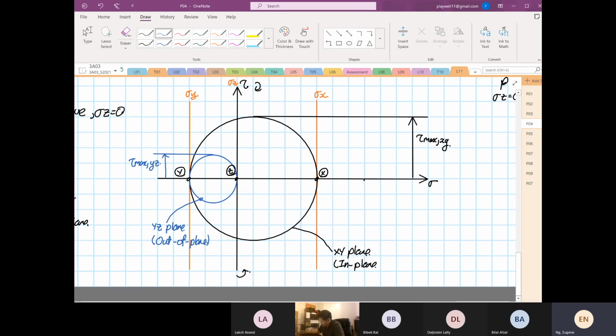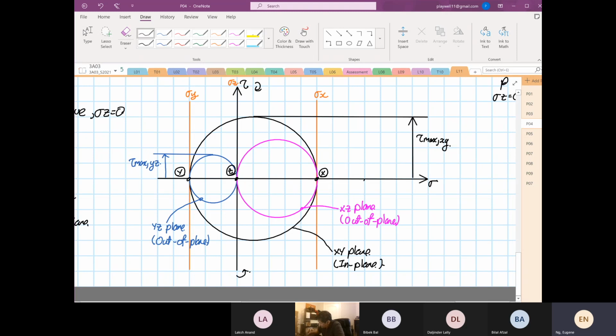And then finally the third circle, it's over here. So this is our XZ plane, and this is our out-of-plane.